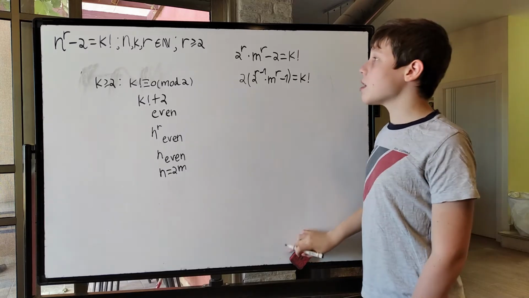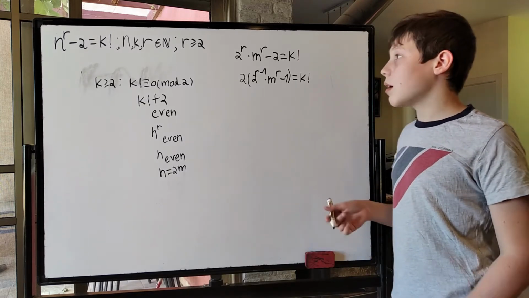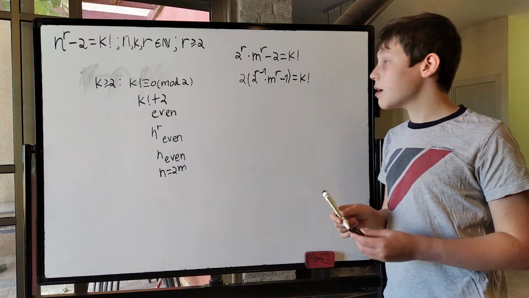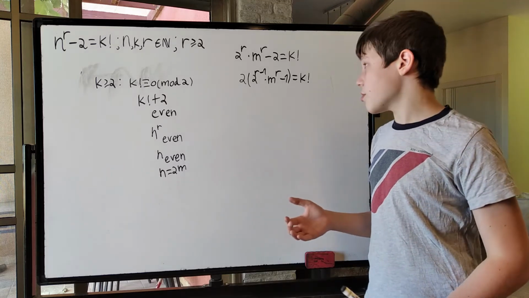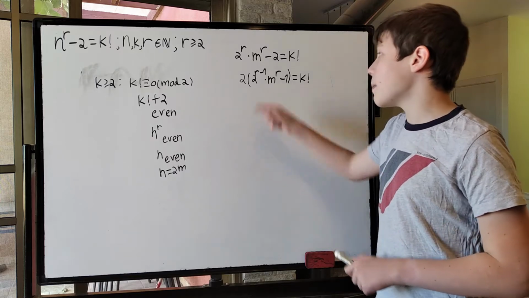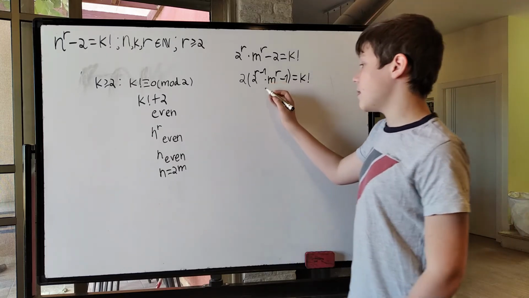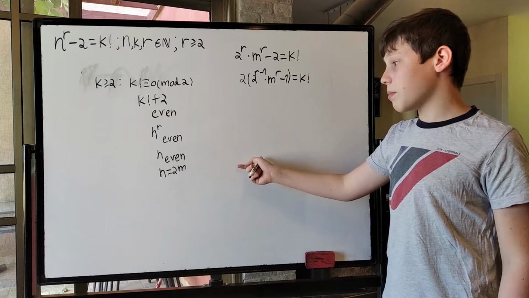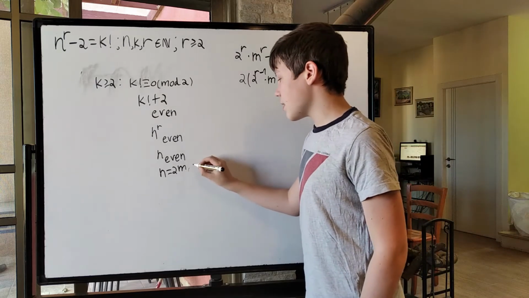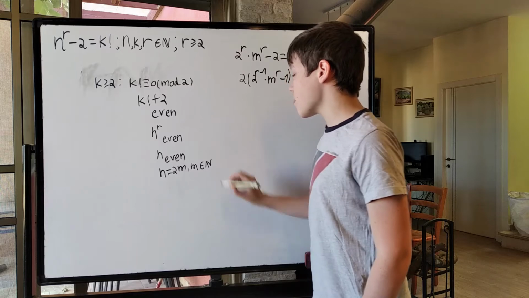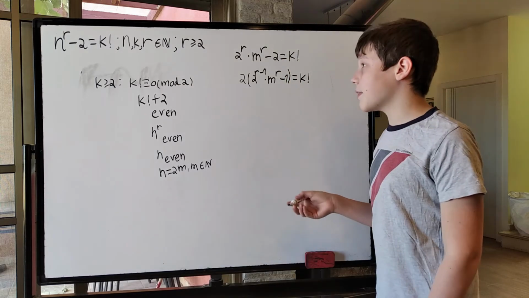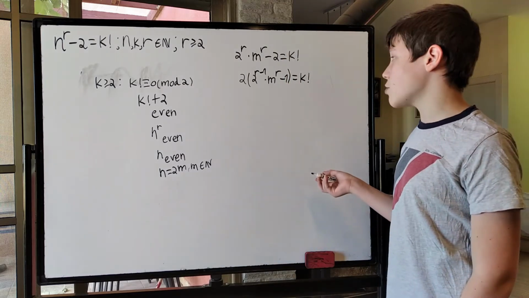Now, because r is at least 2, and it is a natural number, r minus 1 is just a positive integer, meaning that 2 to the power of r minus 1 is even. m is a natural number, so I'll write it here so we don't forget. m is a natural number, meaning that m to the r is also a natural number.